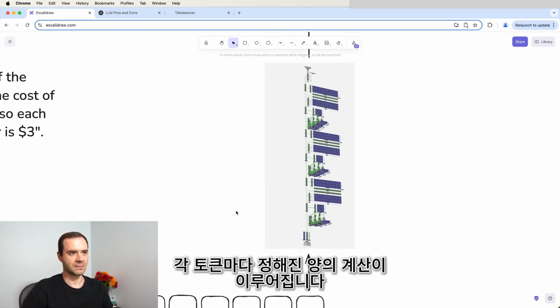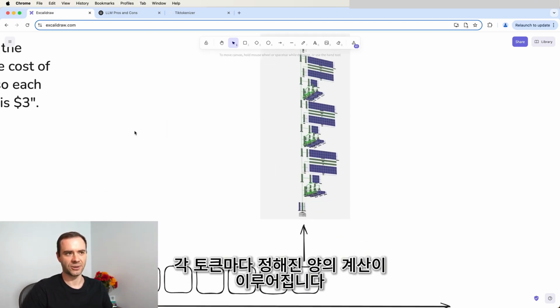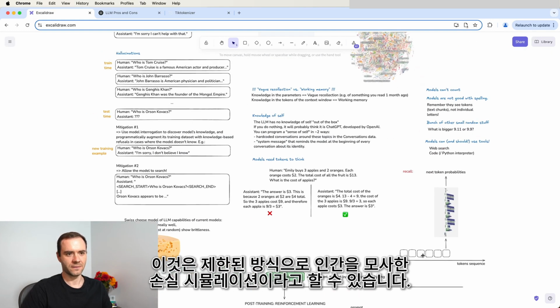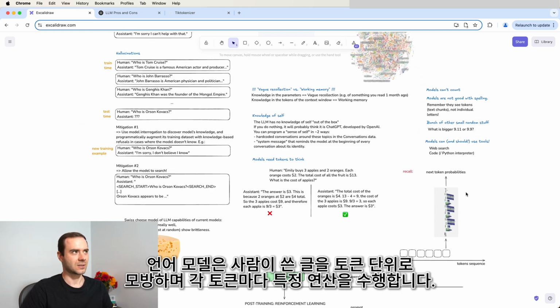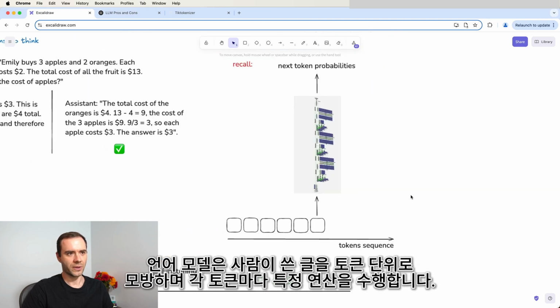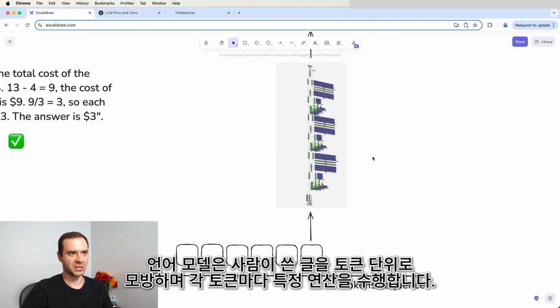But this is a finite amount of compute that happens for every single token. And so this is some kind of a lossy simulation of a human that is kind of like restricted in this way. And so whatever the humans write, the language model is kind of imitating on this token level with only this specific computation for every single token in a sequence.